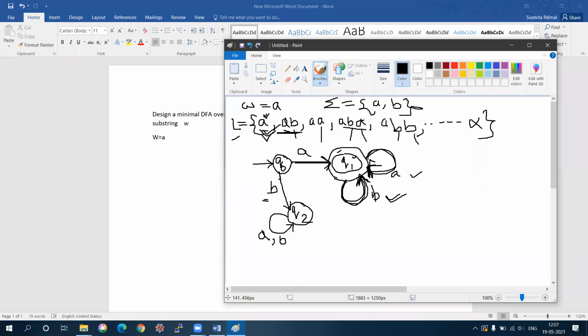Whether A is coming or B is coming, irrespective of that, it will go to Q2.